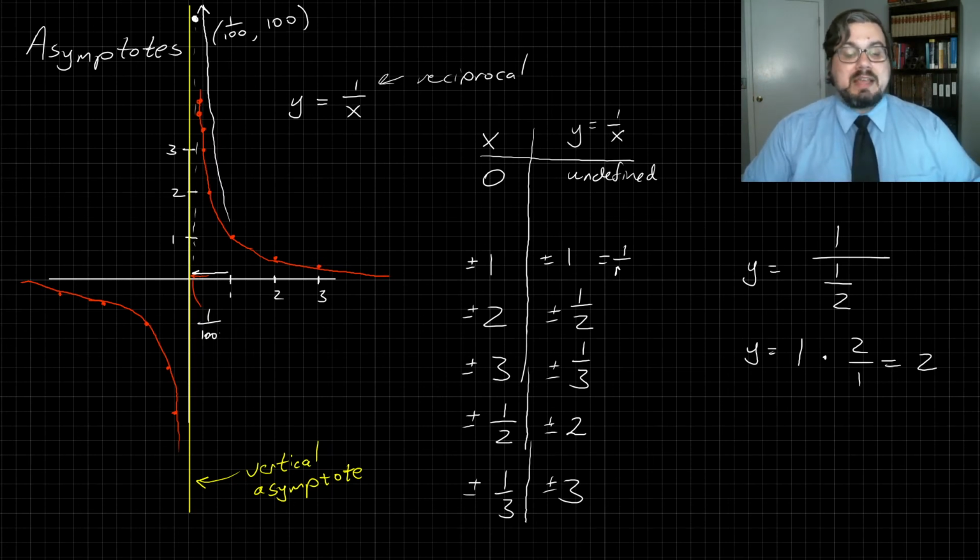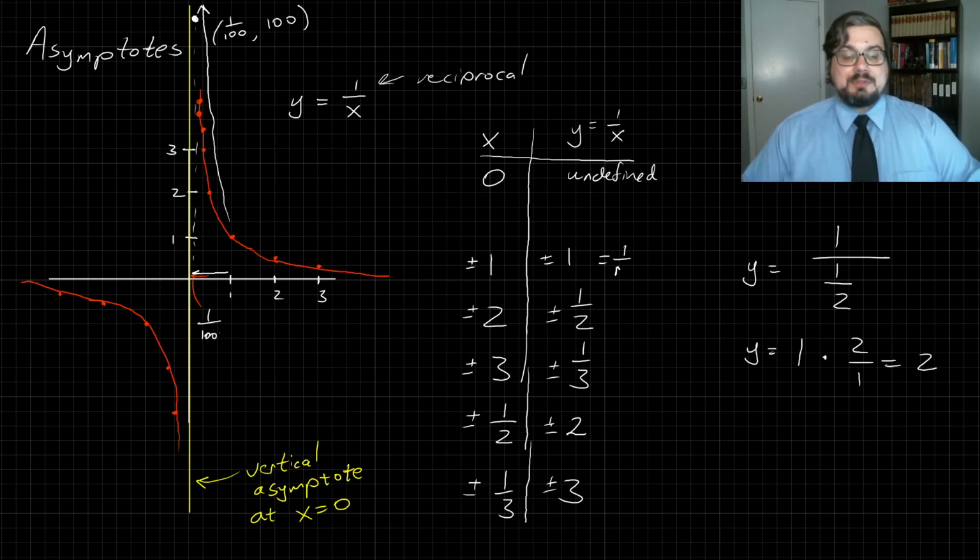So we would say that this function has a vertical asymptote at x equals 0. So it's a vertical line. It's not actually part of the graph, but it describes how the graph behaves when the inputs get closer and closer to the x value of this vertical line.